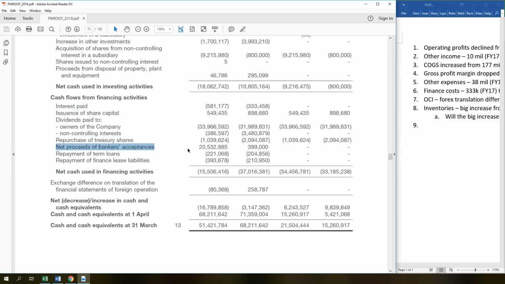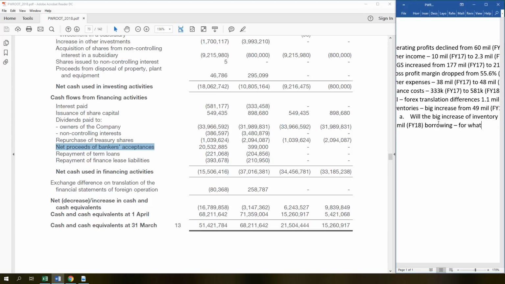This is a short-term debt. I don't mind the company making borrowings, but I'm more concerned about the reason. 20 million borrowing for what? 20 million FY18 borrowing. For what purpose?